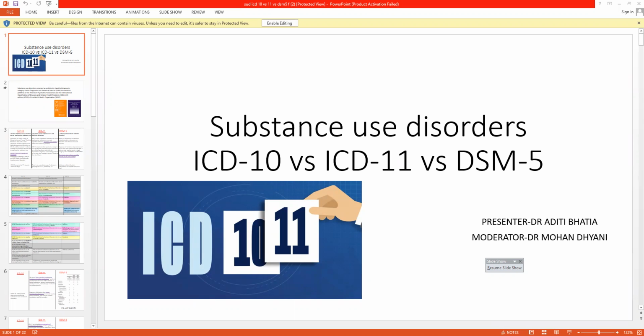As we see in ICD-10, the specifiers are: currently abstinent but in a protective environment like a hospital; currently on a clinically supervised maintenance or replacement regime, like methadone; currently abstinent but receiving treatment with aversive or blocking drugs, for example naltrexone; and currently using the substance, with continuous use or episodic use.